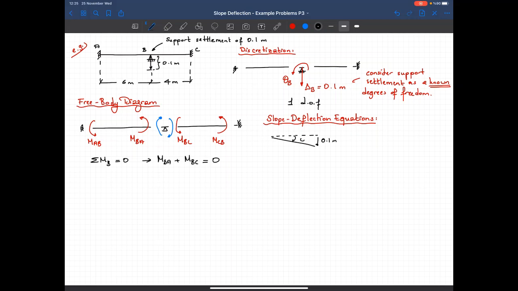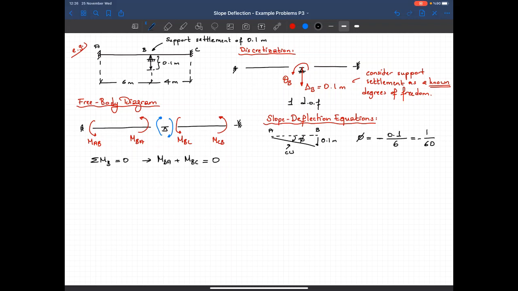That's our phi angle. Phi is in the clockwise direction. Let's say that is A and B. So phi is equal to minus, because this is clockwise, 0.1 divided by 6, or in other words it's minus 1 over 60 is the phi angle.